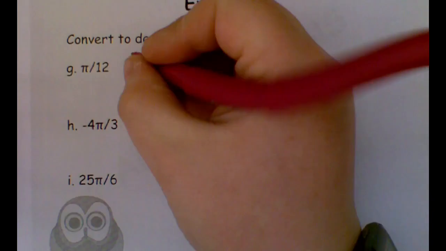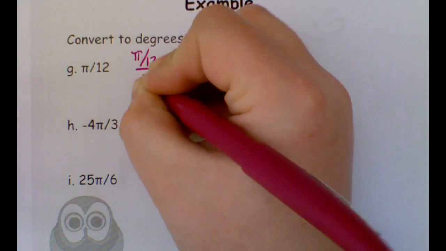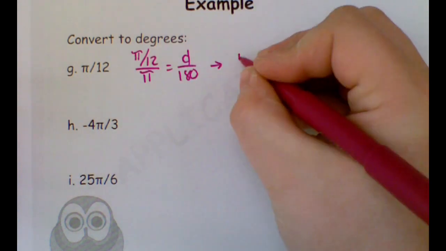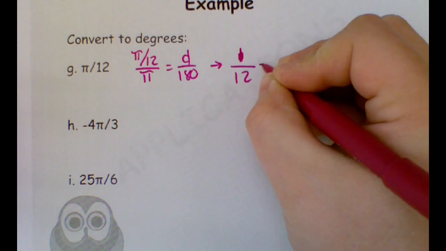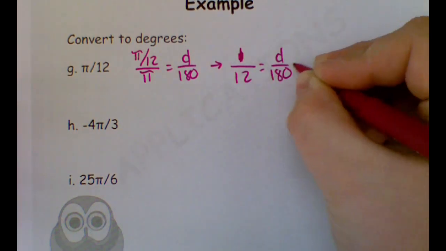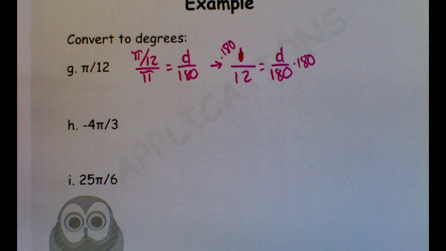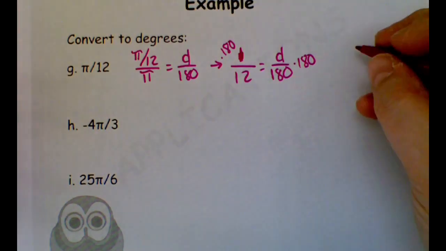All right, to convert these into degrees, we take pi over 12 over pi equals degrees over 180. So we get 1 over 12 equals degrees over 180. Multiply that 180 on both sides. We get 15 degrees.